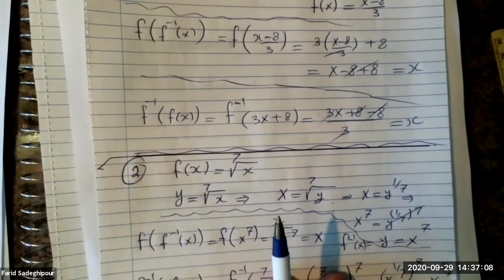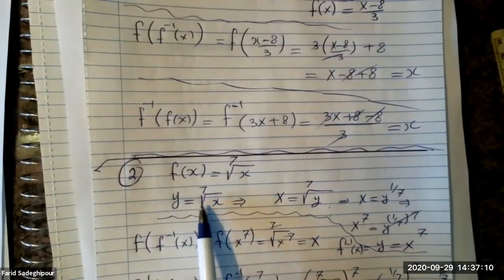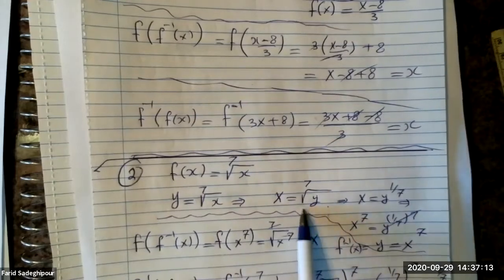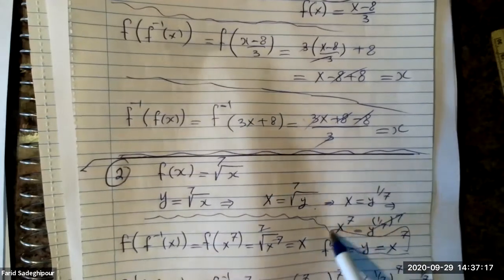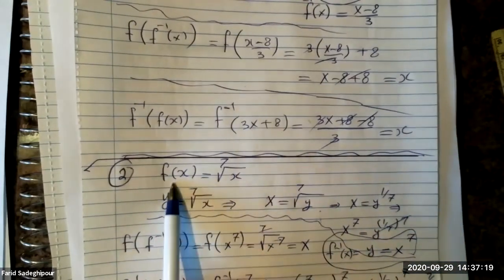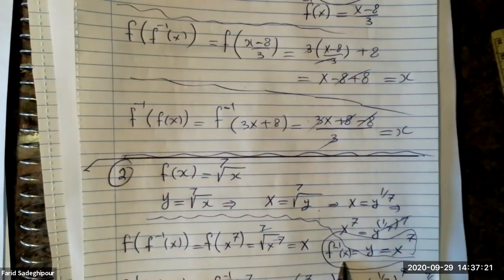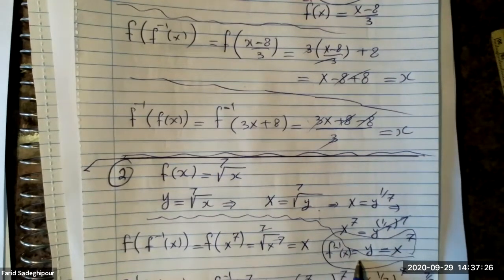Second example, first you find the inverse by swapping x and y. You find your y. This is your inverse function. This is your f of x. This is your inverse function. Now you want to prove that these two are inverses of each other.